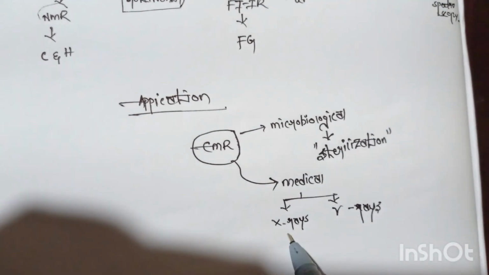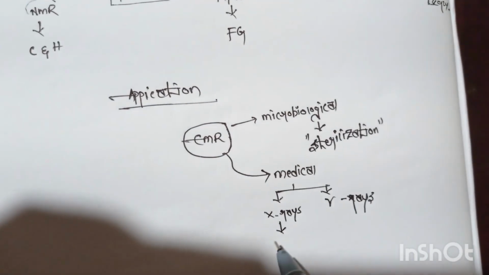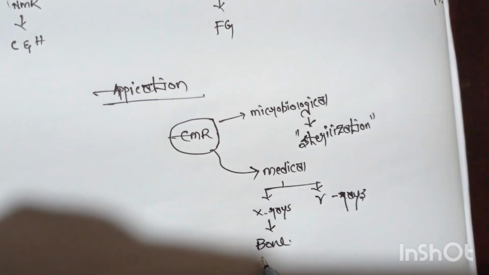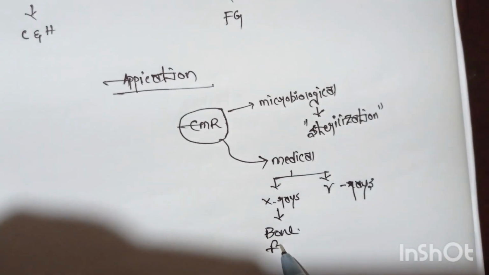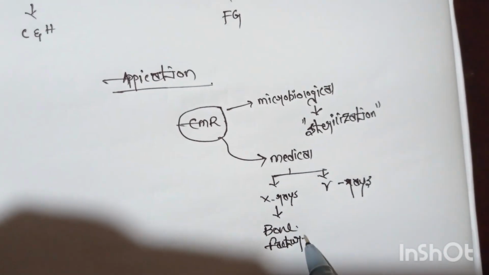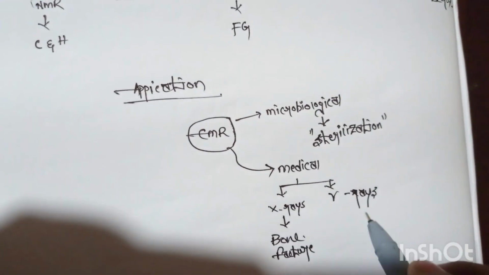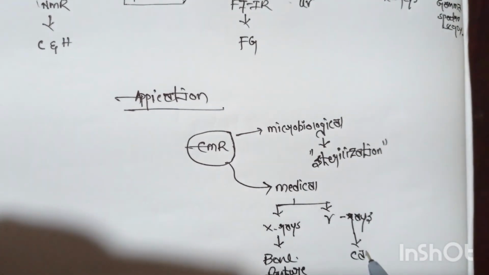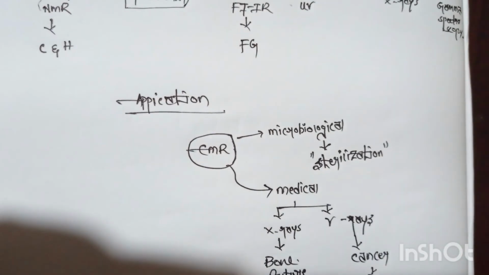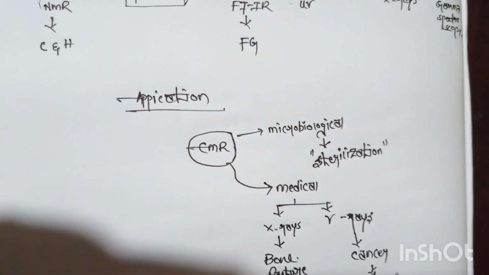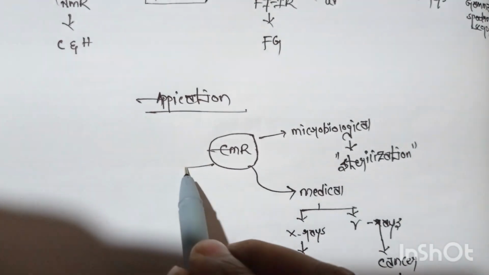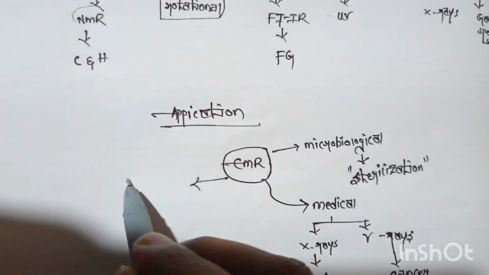X-rays are used to determine bone fractures, and gamma rays are generally used for the treatment of cancer, that is, in chemotherapy.